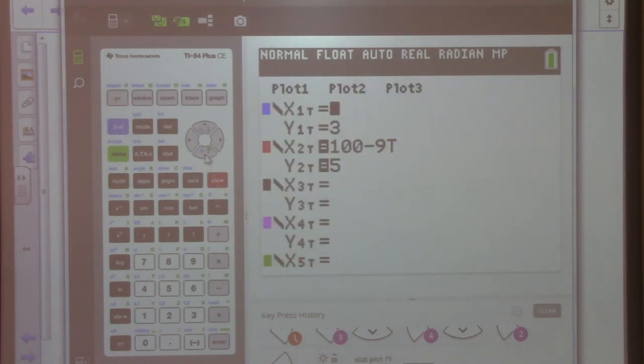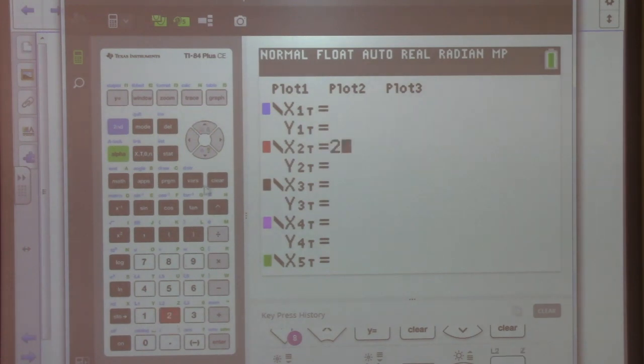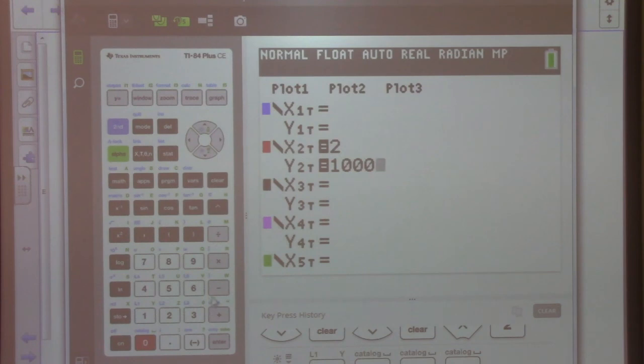So I'm going to clear, okay, I'm going to put x equals 2. I put 1,000 minus 16t squared.